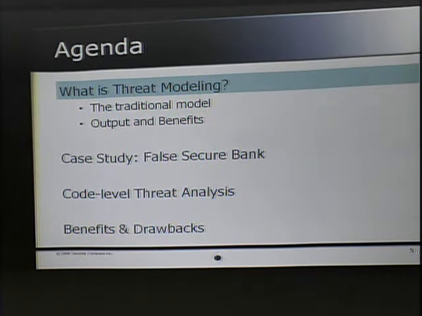We'll go into the details of that application a little bit further. And then we'll talk about the different spin on threat modeling that we have, which is something that we call code level threat analysis. We'll talk about what that entails, how it differs from a traditional threat model, what the process is, and what the inputs are. And we'll look at some of the benefits and drawbacks in comparing the two approaches to threat modeling.